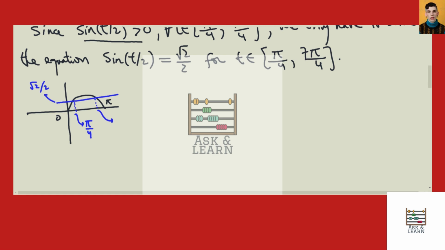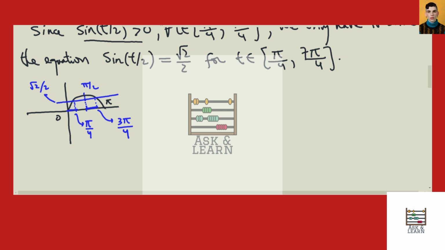So the solution is with respect to pi half, which is this value here, where sine is equal to 1. We know that this distance here is the same as this distance here. So we have 1, 2, and 3 pi fourth. So it's 3 pi fourth, the other solution.